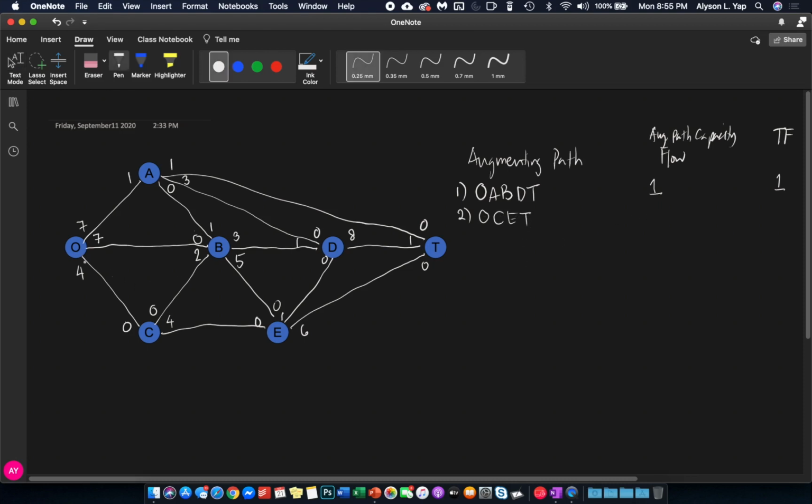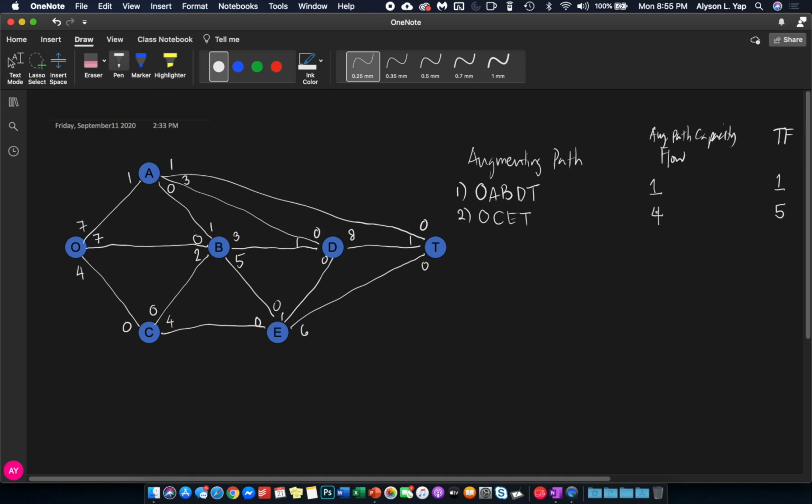Let's look. 4, 4, 6. So everything is positive, so it's an augmenting path. But the minimum is 4. Therefore, the capacity of the augmenting path is 4. And because this is a 4, then the total flow as of the second augmenting path is 5.